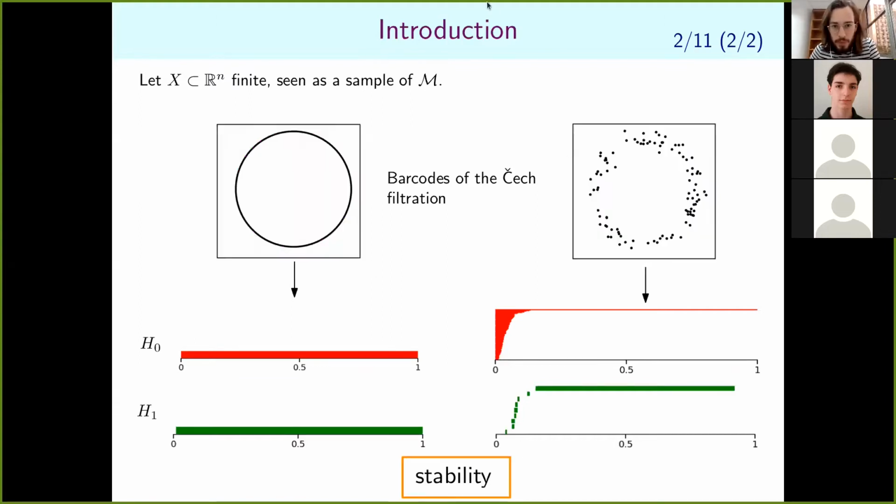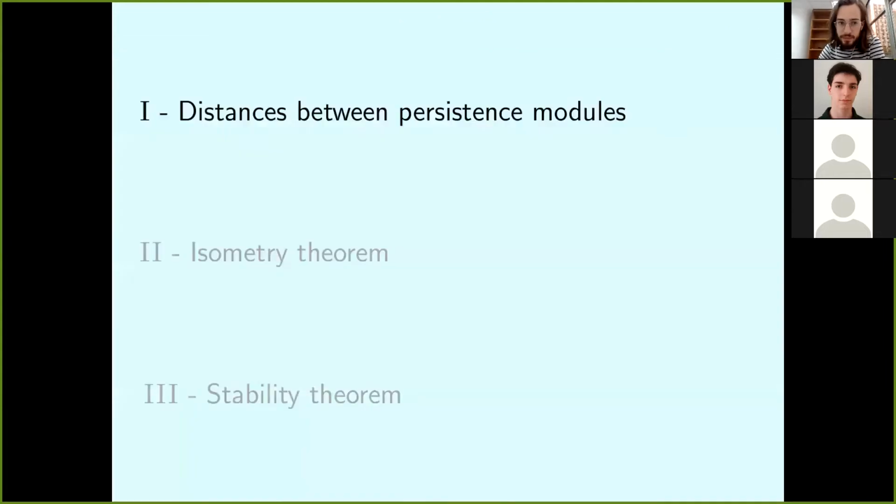So this is the question of today. How can we precisely, mathematically, explain this phenomenon, that even with noisy data sets, we can read homological information on the barcodes? First, we will have to define some distances between persistence modules.